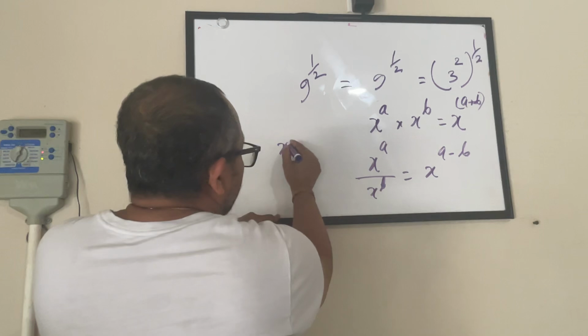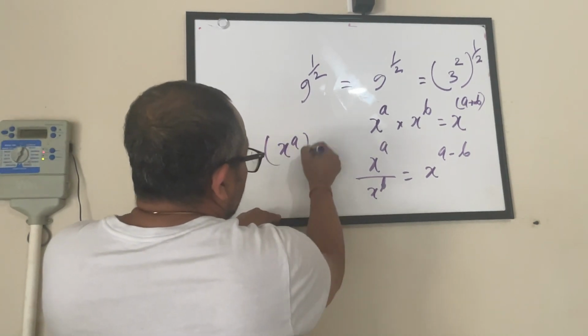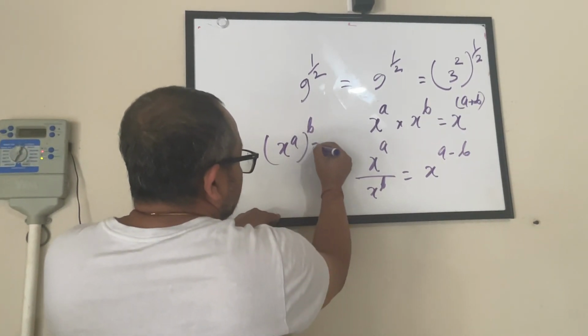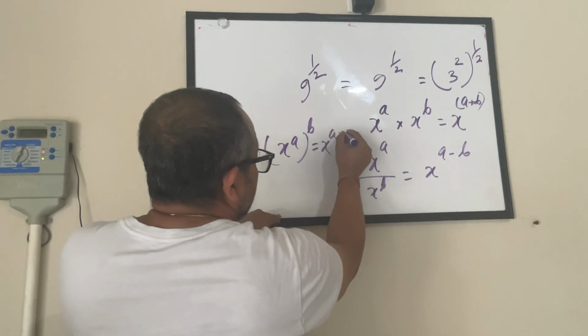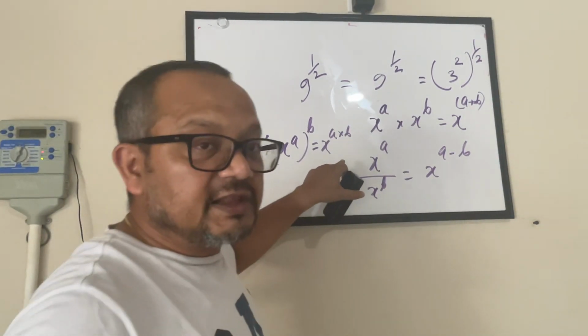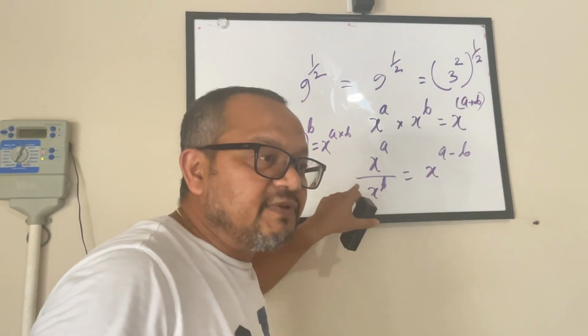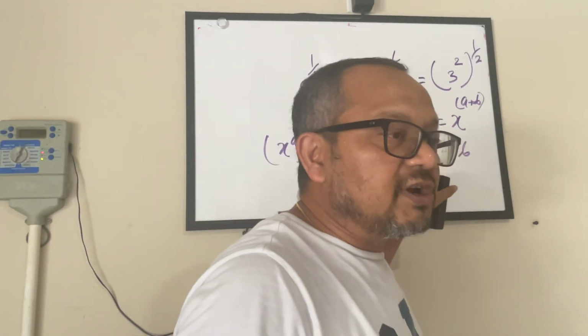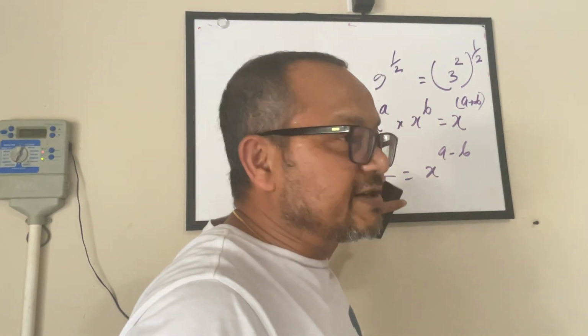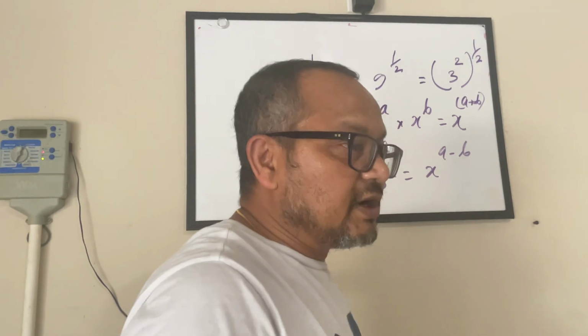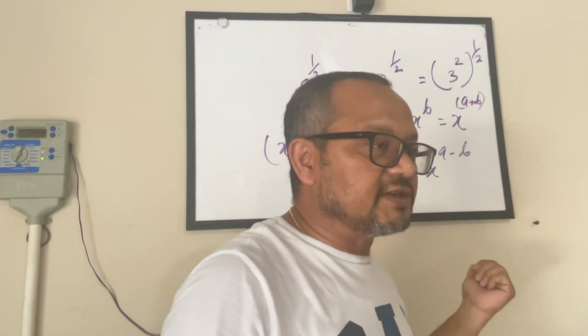And x to the power a to the power b is x to the power a into b. Here are the three formulas that we have proved while we were trying to learn exponents. Just try recalling it. And if you are not able to recall, I will help you guys.